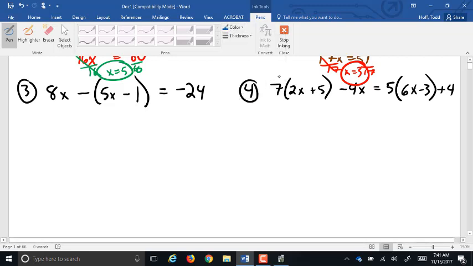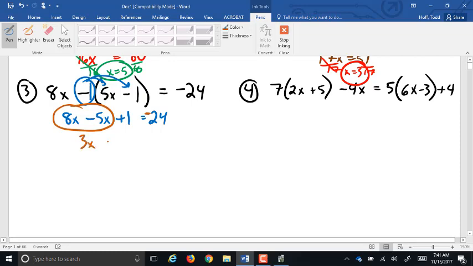Number 3, where do I start? Okay, so the 8x doesn't change. We've got negative 1 times 5x. Negative 5x. Negative 1 times negative 1. Positive 1. And that equals 24. And then negative 24. Well, you got 8x and a negative 5x make 3x.